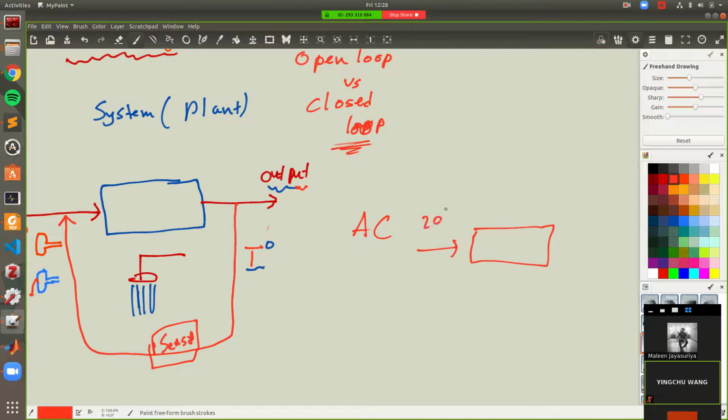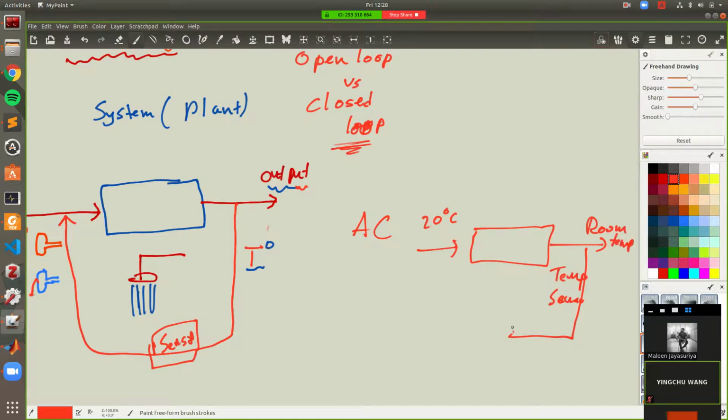You say, I want a temperature of say 20 Celsius. So you give it some sort of reference information saying this is what we want. The air conditioner has a temperature sensor, which will measure the temperature of the room. So the room temperature is your output.